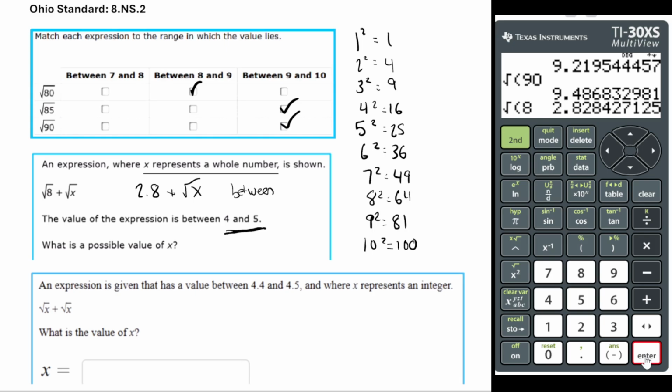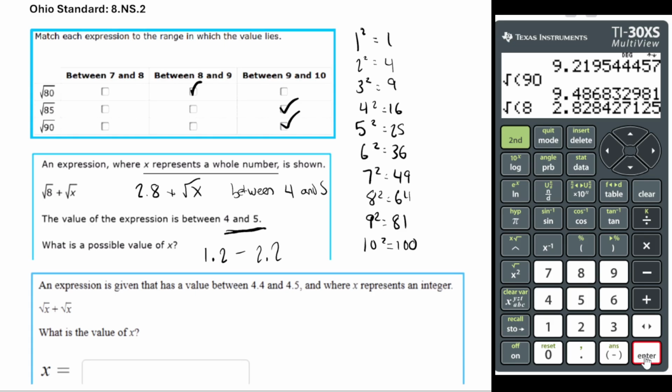So I'm going to look at what perfect square I can use that would produce a number that would stick us between 4 and 5. So what range does that have to be? It has to be a number that produces a square root between 1.2 and 2.2.